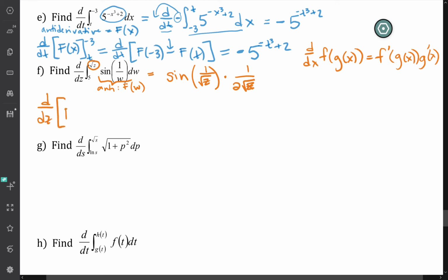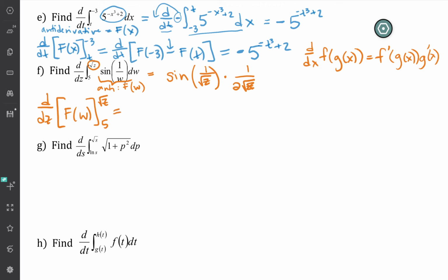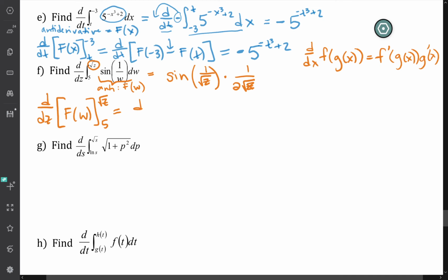I find the antiderivative big F of w, I evaluate it at 5 and root z, and then I take the derivative. So the derivative is still hanging out in front. There's my evaluate.